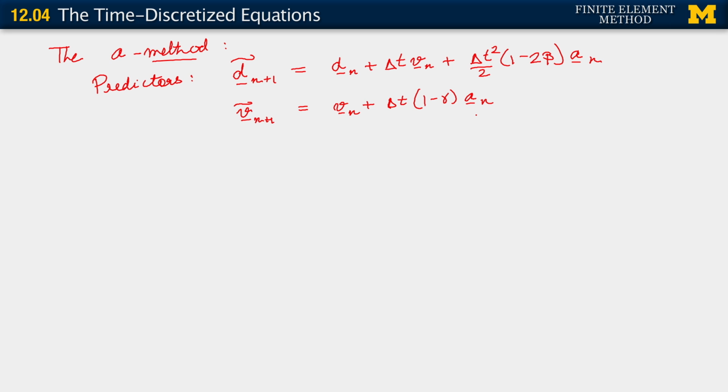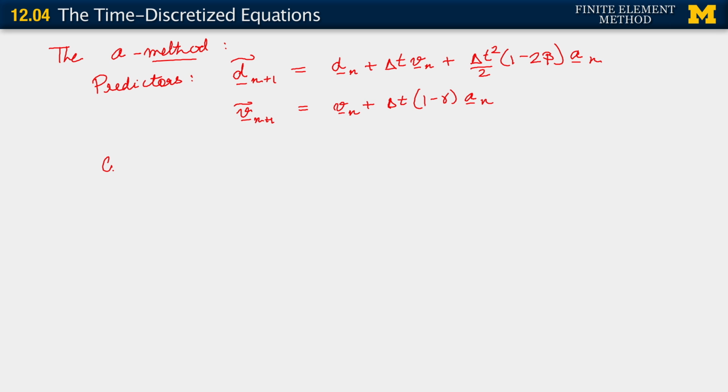All right? And just as we did before for the parabolic problem, we've looked at the update formulas for d and v and simply extracted out those parts of the formulas that come from everything known at time tn. Okay, so these are our predictors.